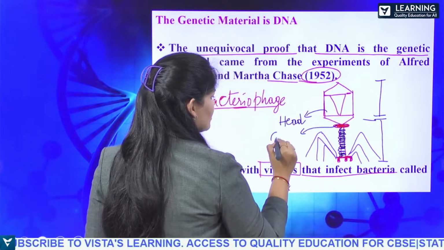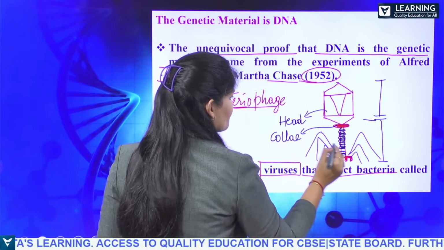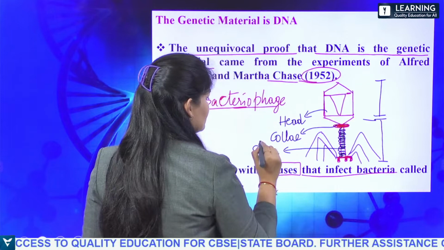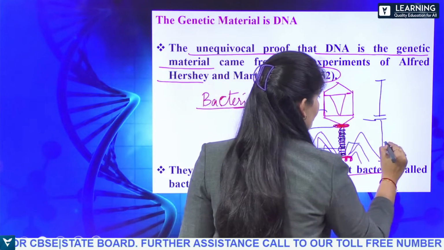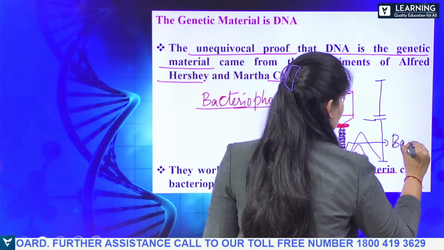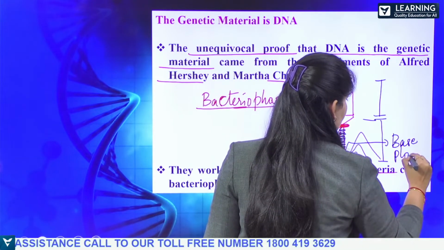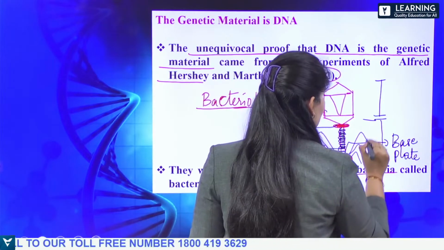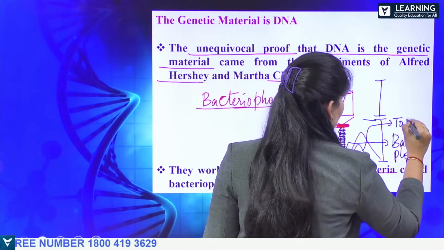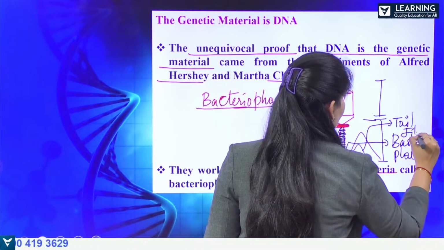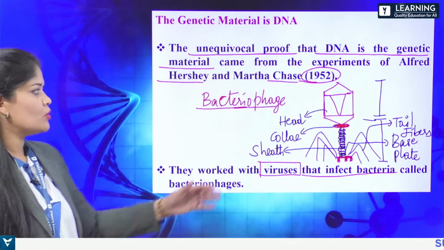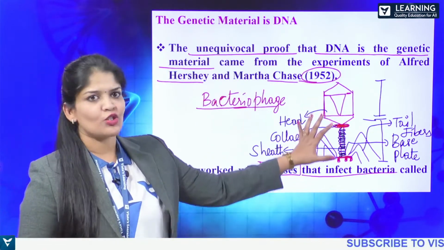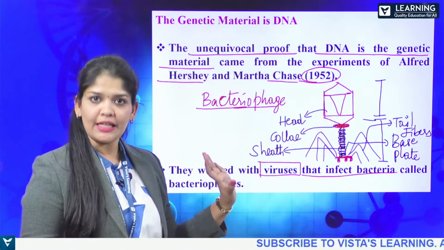This is collar domain, and this is sheath. This is base plate, and these are tail fibers, right? So this is the typical structure of the bacteriophage, which can infect the bacterium.